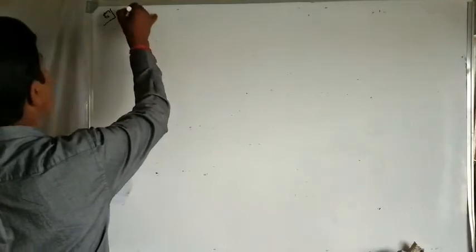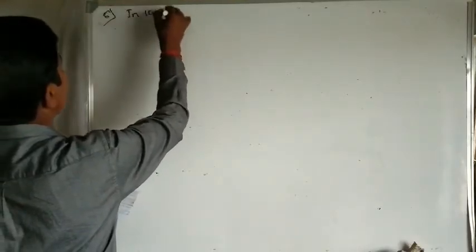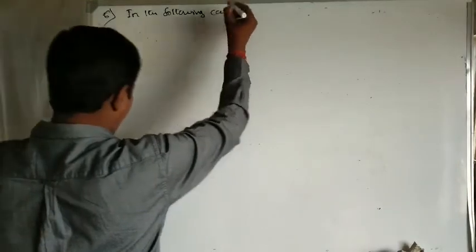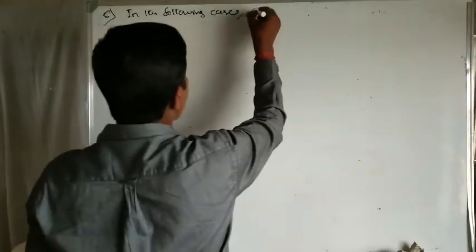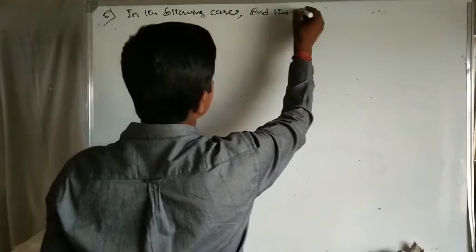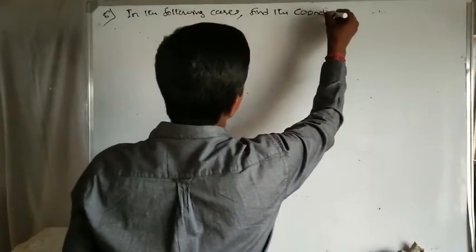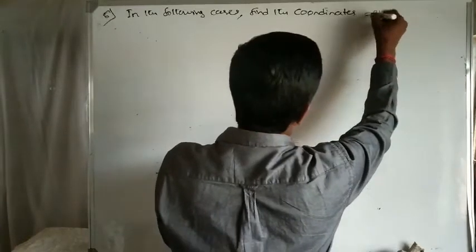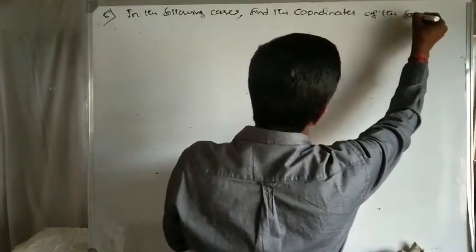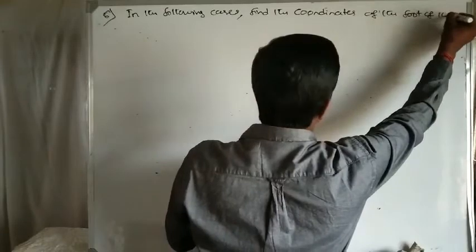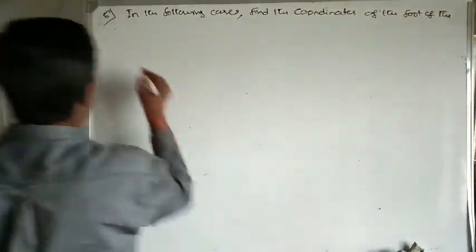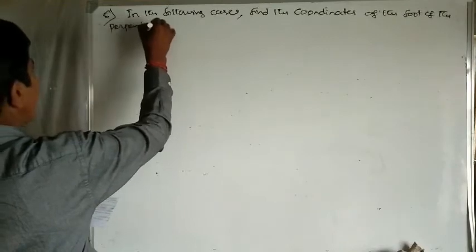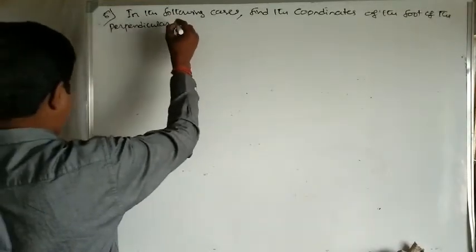Sixth one, in the following cases, find the coordinates of the foot of the perpendicular drawn from the origin.